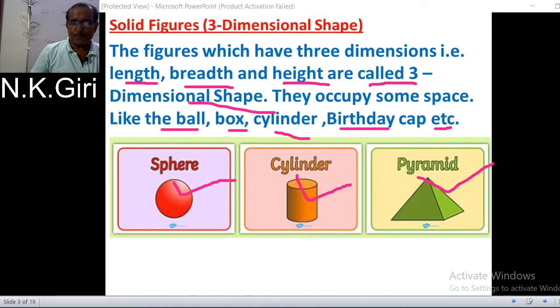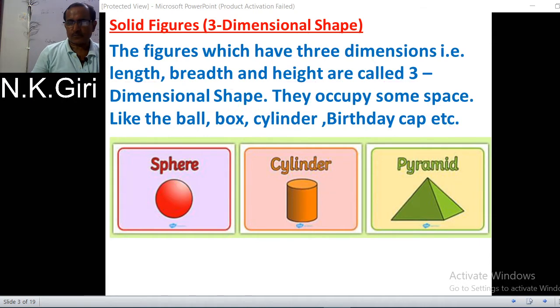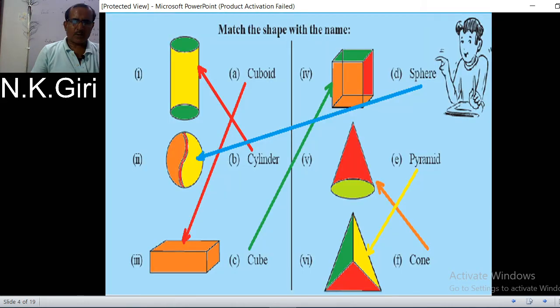Now we come next to matching the shape with the name. Now we know the cuboid. Such a type of figure is known as the cuboid. It has length, it has breadth, and it has height.